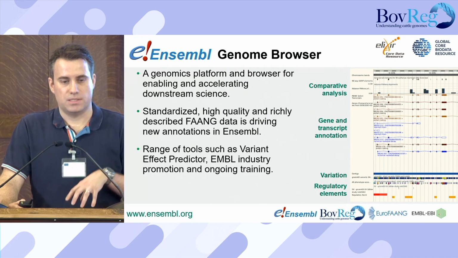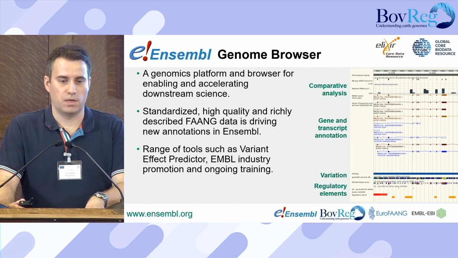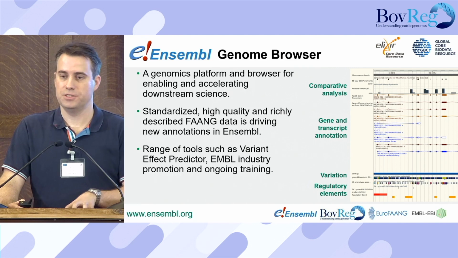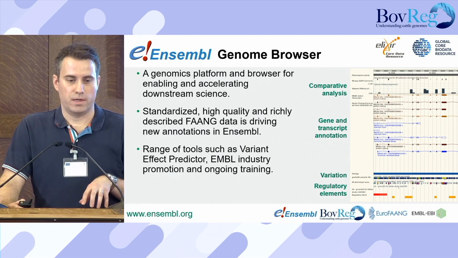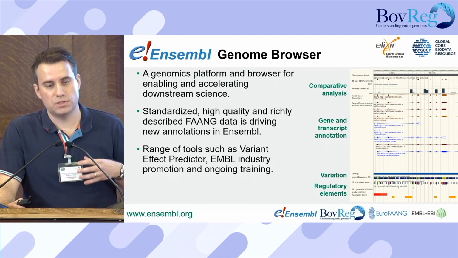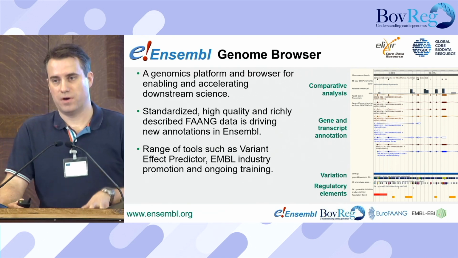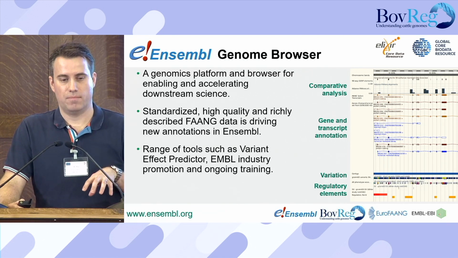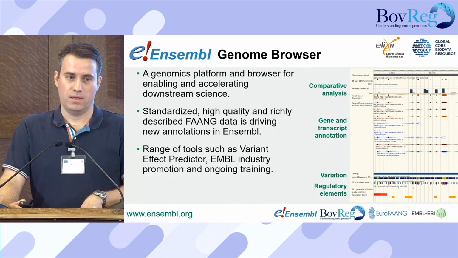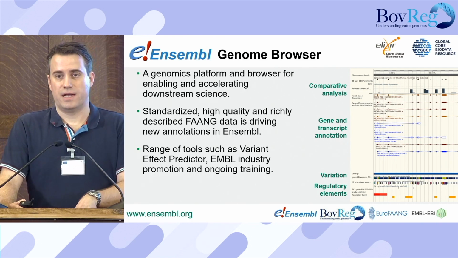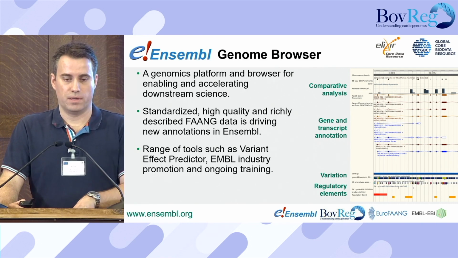So this provides our own standardized and high quality, richly described annotation, and we then also provide a range of tools such as the variant effect predictor, which is very important for industries. It allows them to look at their points of interest and then actually query these against the genome for what the predicted effect might be.